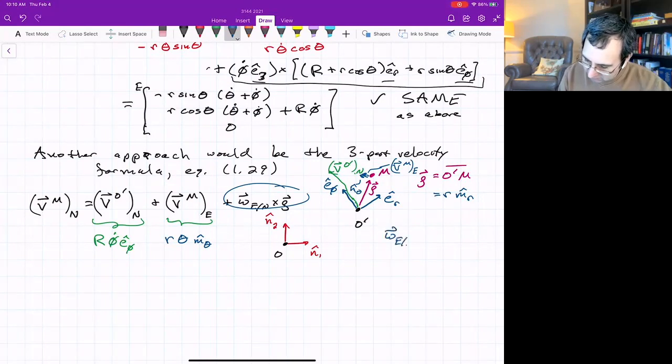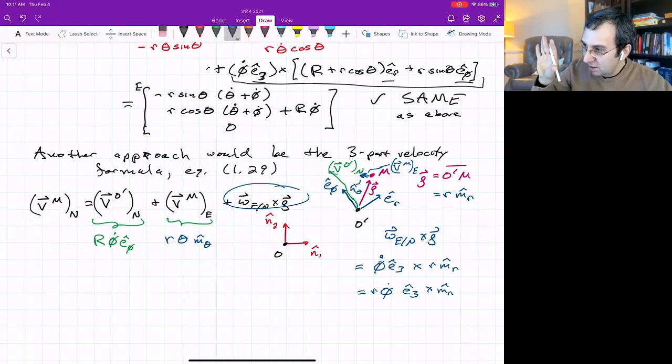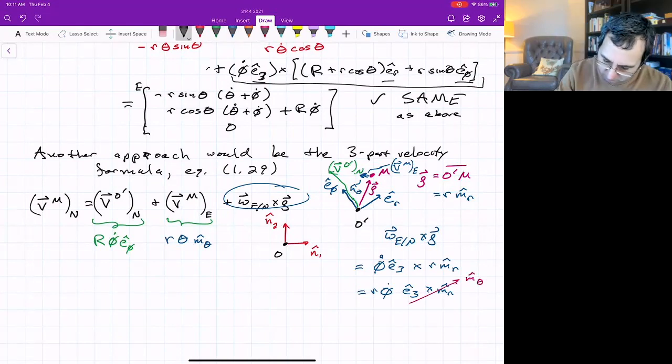So omega E n cross rho equals phi dot E3 cross R M R. So R phi dot, what is E3 cross MR? E3 cross MR, right-hand rule, my thumb is pointing in the M theta direction from before. So, okay, plug that in here. And I've got R phi dot M theta.